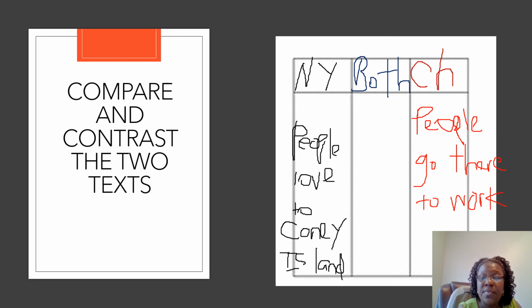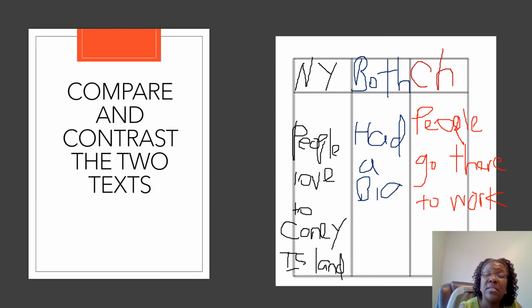So I'm gonna do that one in purple, a blue. So I'm gonna put fire. Or what about if I put had a big fire? The fire was big because it destroyed everything. So big fire.